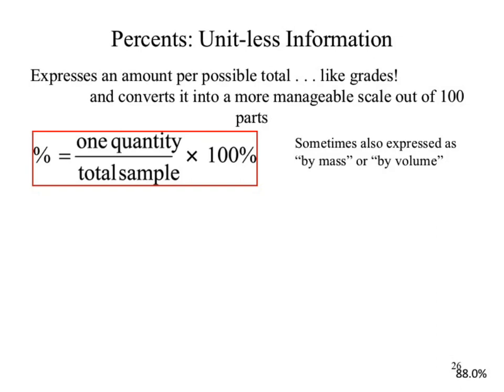So if I'm using mass, it's got to be divided by mass. If I'm using volume, it's got to be divided by volume. This is why when we look at percents, you will often see an extra little term, percent by mass. That means when I ran that calculation to determine what that percent was, I determined the mass of the things that I'm looking at.